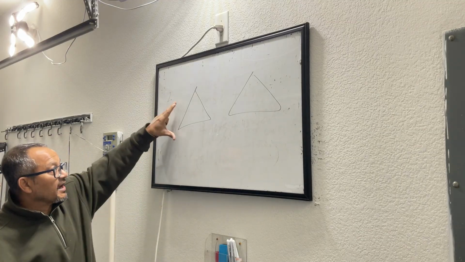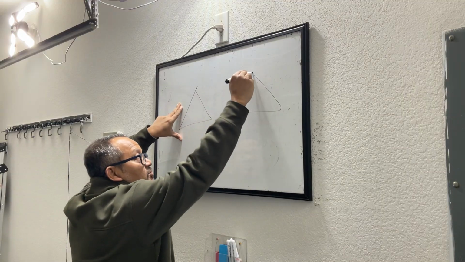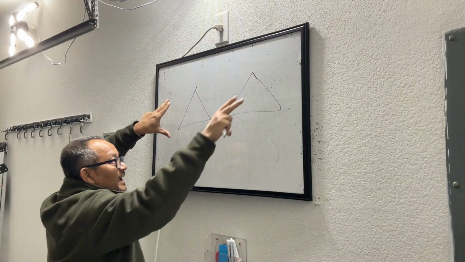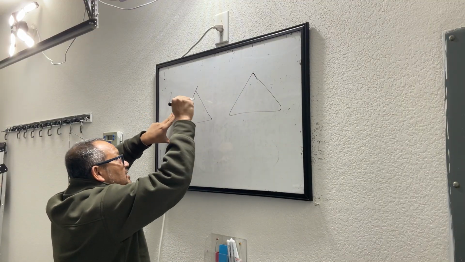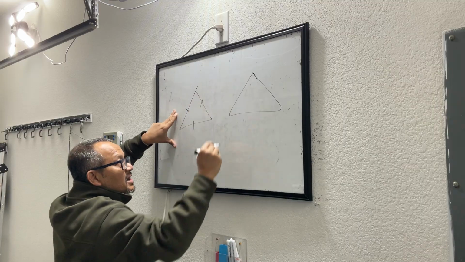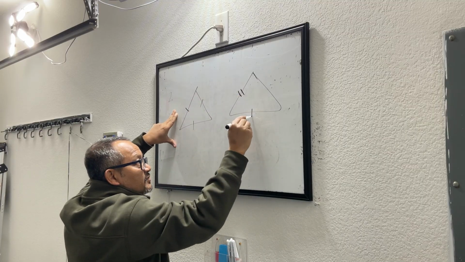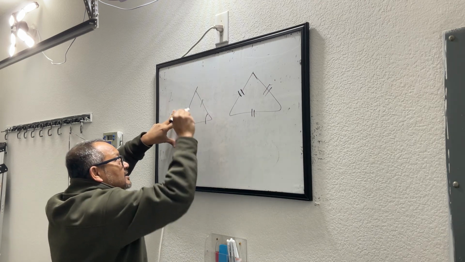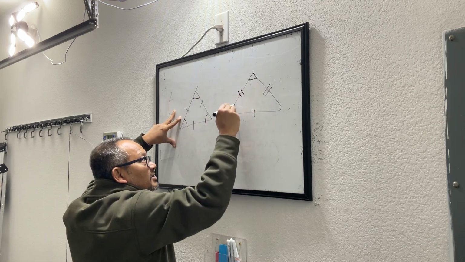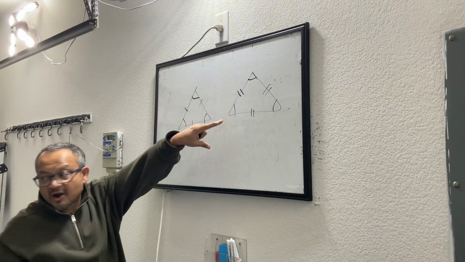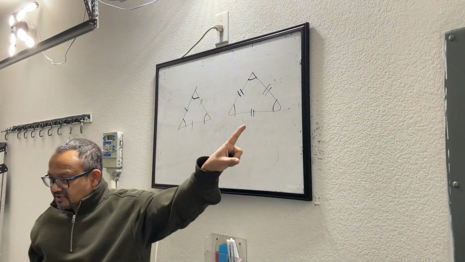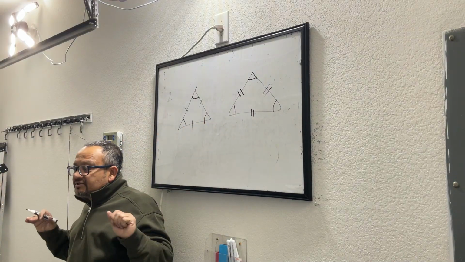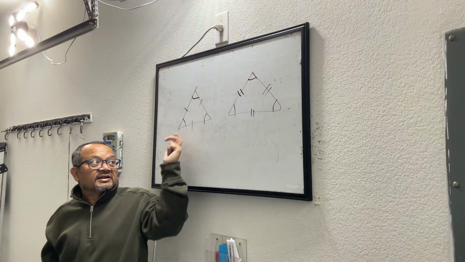So if I'm looking at two triangles, this triangle has certain properties which are its three sides. This triangle also has three sides. This triangle has three angles. This triangle also has three angles. So these are the properties of these two shapes. That's the only way geometry recognizes anything.